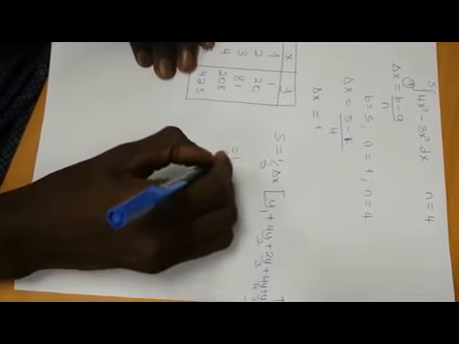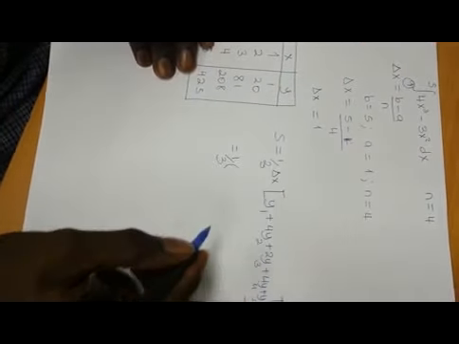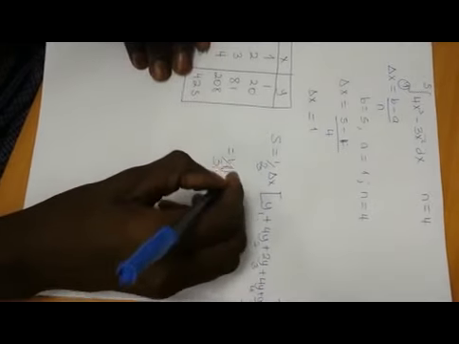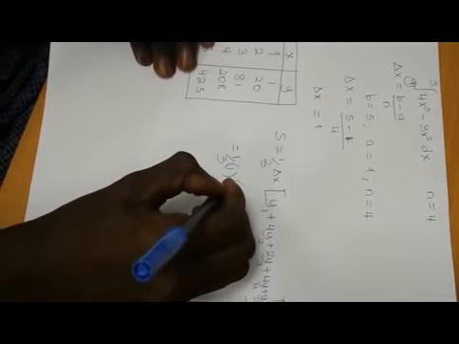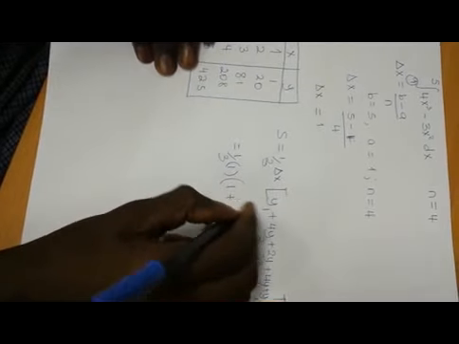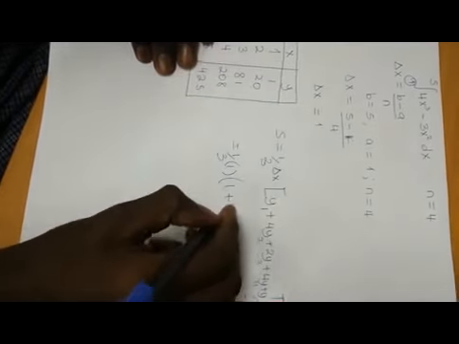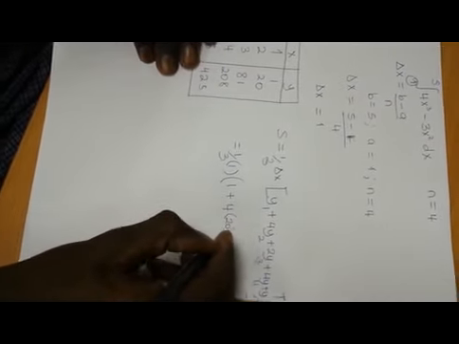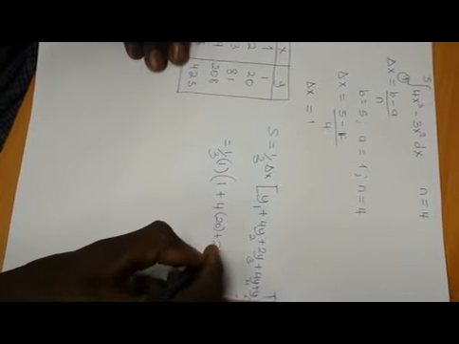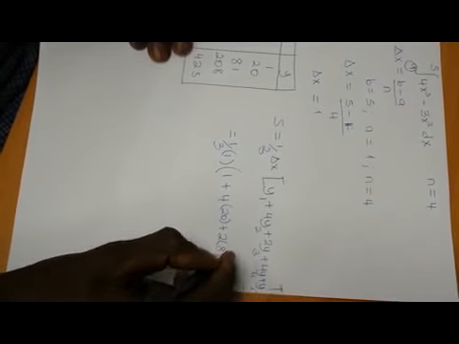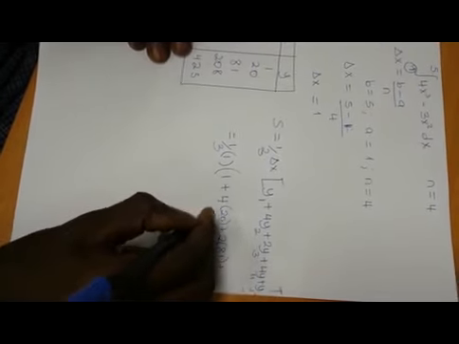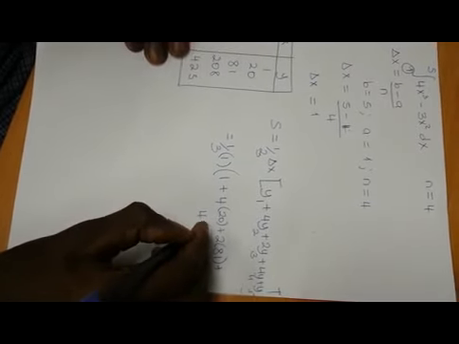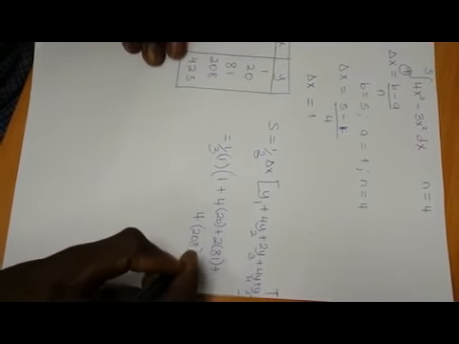So here we are going to have a third, then multiplied by the width of our strips, which is 1. Then our first value here is going to be 1. Then plus 4 into our y2, which is 20. Then plus 2 into our y3, which is 81. Plus 4 into our y4, which is 208.